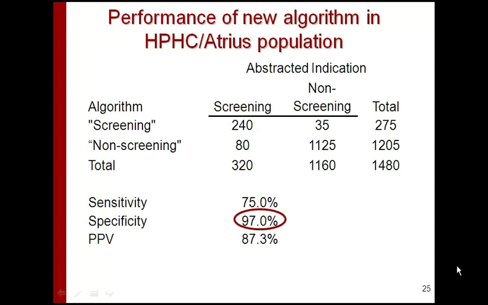We got a specificity of 97%. It's much better than our other algorithm, and we were happy with that. Again, we're sacrificing sample size, as you'll see. But this was not estimated with multinomial logistic regression. I learned my lesson on the multinomial regression too.